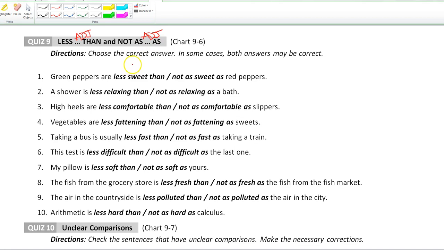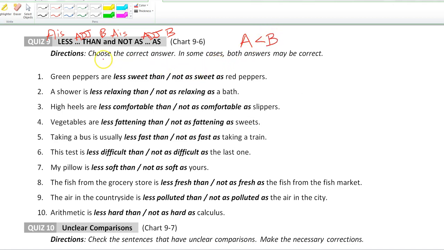Okay, so both of them mean the same thing. We have A is less adjective than B. A is not as adjective as B. Okay, and this means that A is smaller than B.